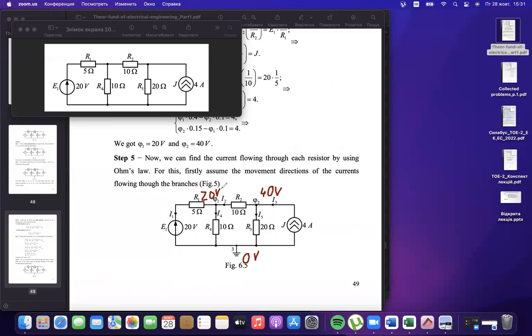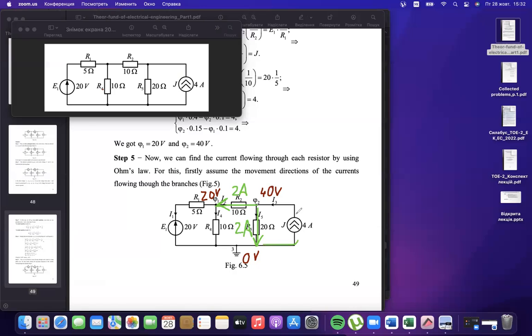Any current will be a voltage difference. For example, I2 is 40 minus 20, divided by 10. It will be 2 amperes. For example, I5 will be 40 minus 0, divided by 20. It will also be 2 amperes.